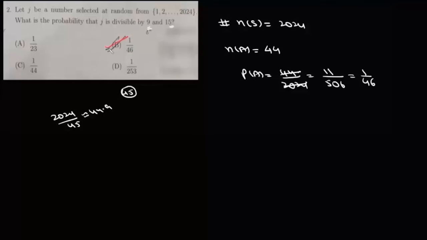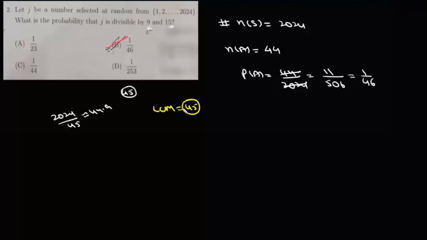Now question number 2 is a very simple probability question. It says out of these 2024 numbers, we have to select a number and we need to find the probability that J is divisible by 9 and 15. When a number is divisible by both 9 and 15, it has to be divisible by the LCM of 9 and 15, which is 45.